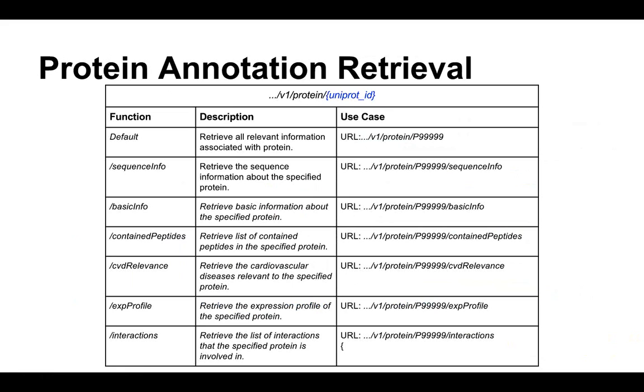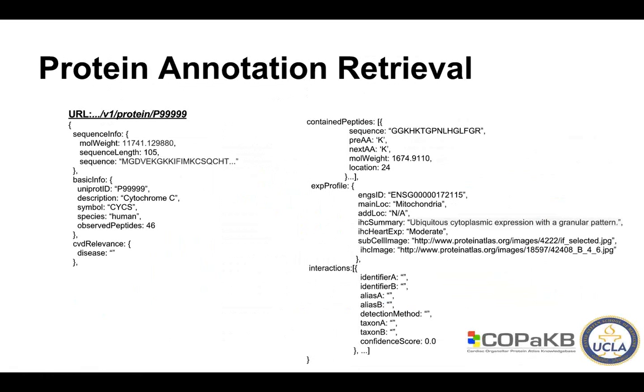That includes sequence information, all the contained peptides that we have in our knowledge base, cardiovascular disease relevance, the expression profile, and also a list of interactions with other proteins. Here we have another example of the JSON document. This is the default document that you'll get when you search a protein, and you can also provide filters based on what you need.